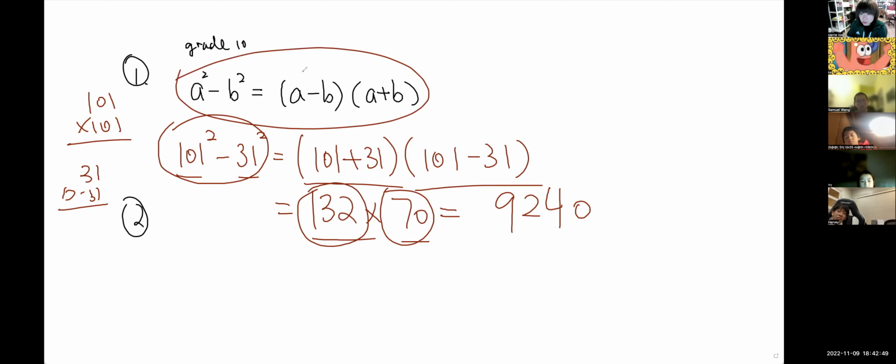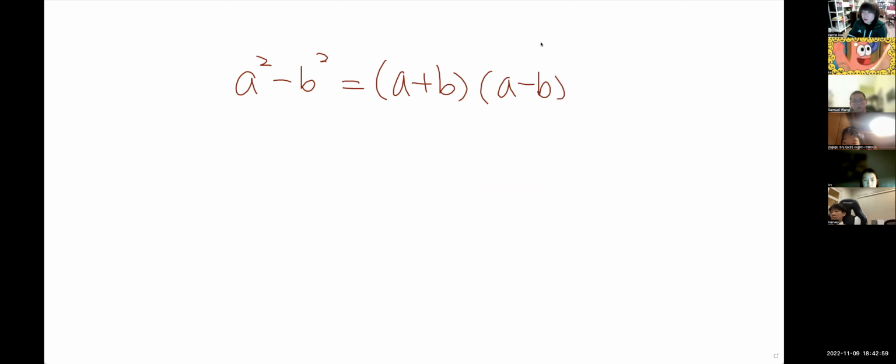So this is a very useful equation, but the thing is, where do we get it? Where do we get A squared minus B squared equals A plus B times A minus B? Of course, Samuel, it is very complicated to understand where we get it, because that's what the mathematician comes from, right?